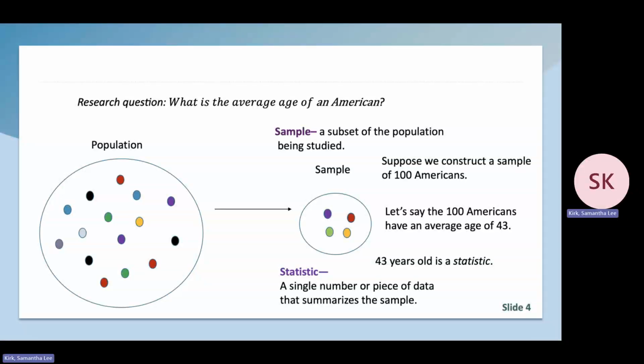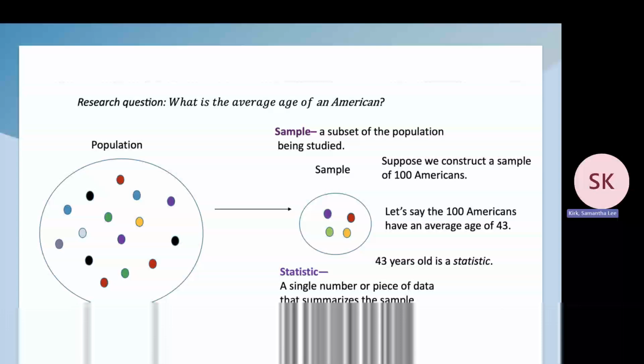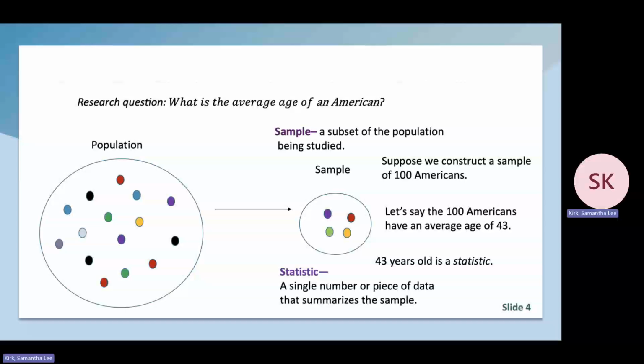There's a lot of different statistics we could use. A statistic is just one number that summarizes the whole sample. So the average would summarize all of these ages. The word sample starts with an S, and the word statistic starts with an S. A statistic describes the sample.